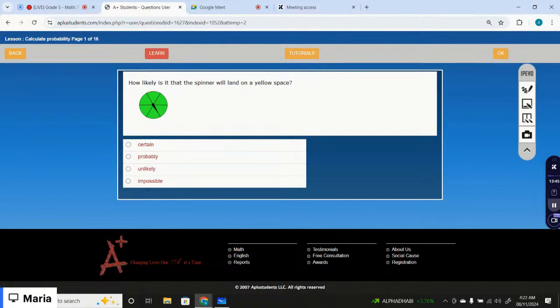The spinner has only green color, right? The spinner doesn't have any yellow portion, so it is impossible to land on the yellow color. Impossible it is.